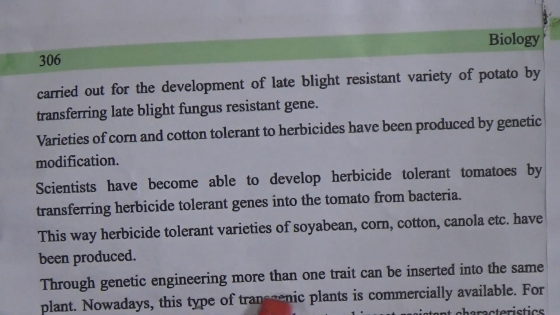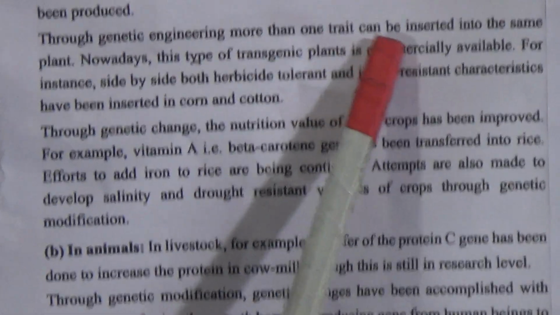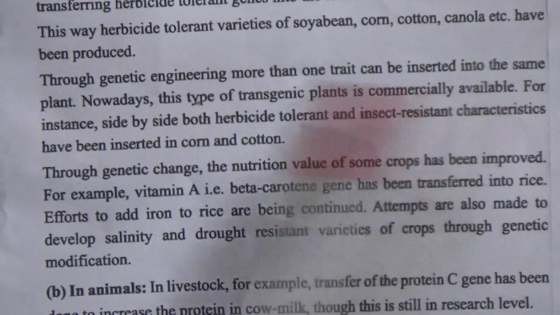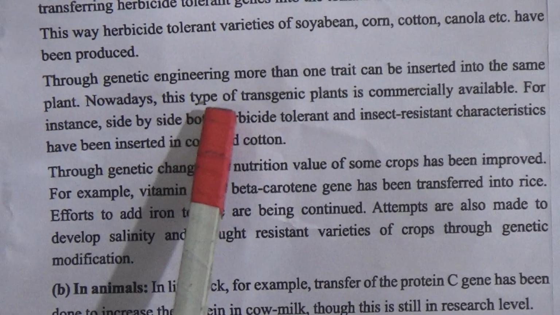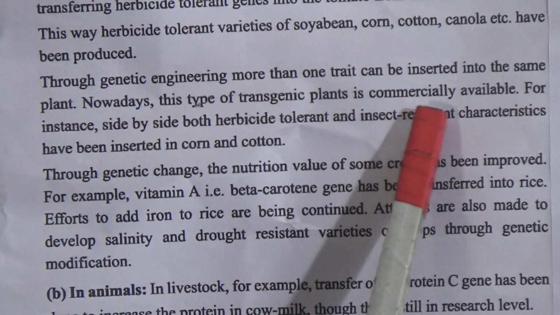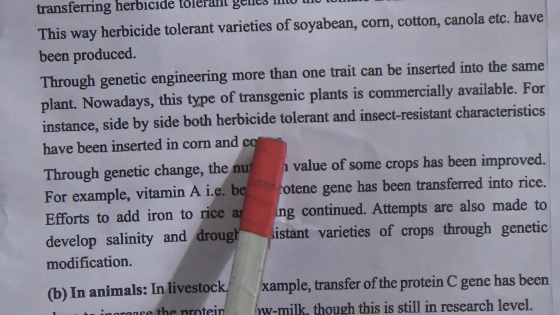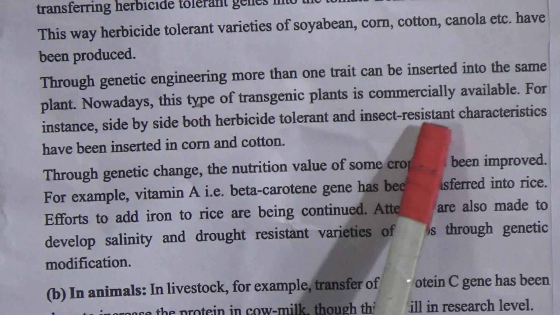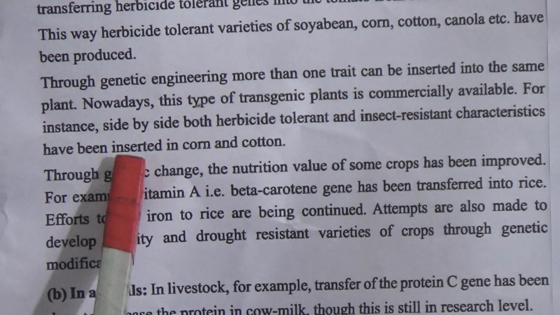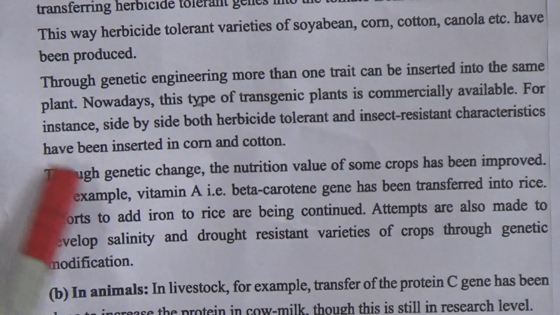Through genetic engineering, more than one trait can be inserted into the same plant. Nowadays, this type of transgenic plant is commercially available. Both herbicide tolerant and insect resistant characteristics have been inserted in corn and cotton.